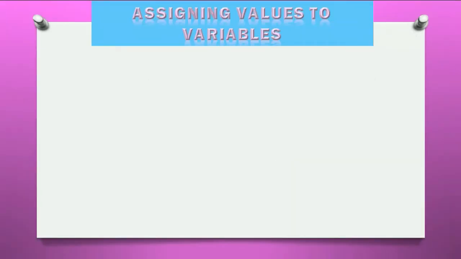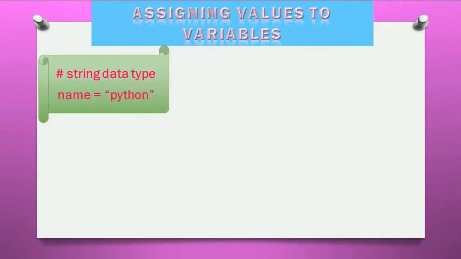Now, assigning values to variables. Variables can have different types of values. We can assign a string value to a variable, like here: name = "Python". Python is a string type because the word Python is enclosed in double quotes.